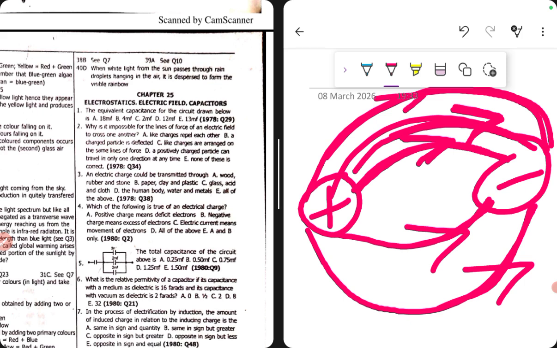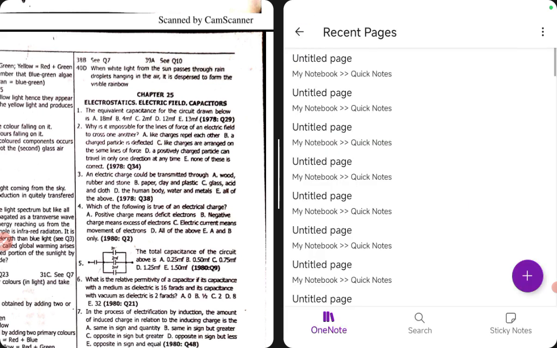D says the human body, water, and metals. The human body is a poor conductor, but is a conductor anyway. Now, we know that water can conduct electricity, right? We have electrical conduction through liquids. That's your electrolysis, where they dissociate into positive and negative ions. And metals are good conductors. So the answer to question 3 is actually D.